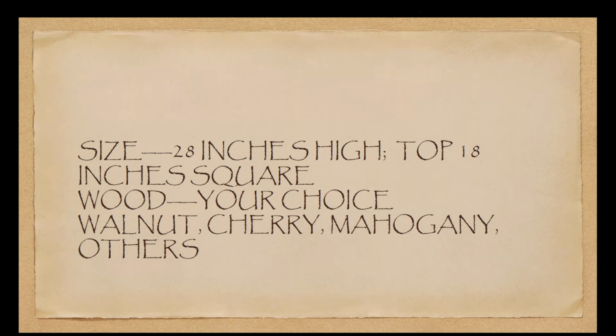That could be walnut, cherry, mahogany, and there are certainly many other types of wood available that you can choose from. One of the questions I'm asked is, where does one purchase the wood?